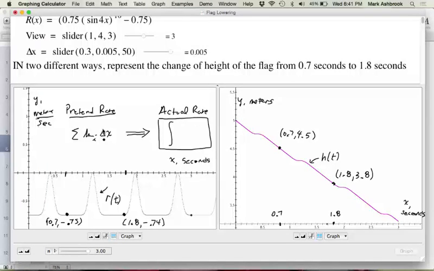No, delta x. dx. Okay, so this means sum, right? And integral means sum. They're both foreign letters that mean S. Greek S and German S. They both mean sum. When delta x gets super small, we call it dx.